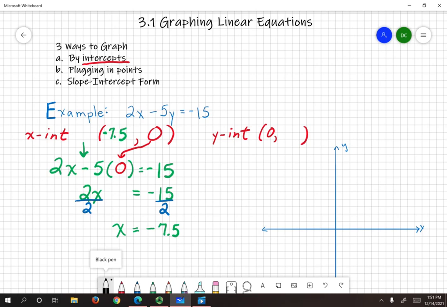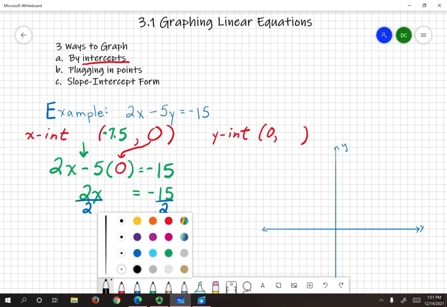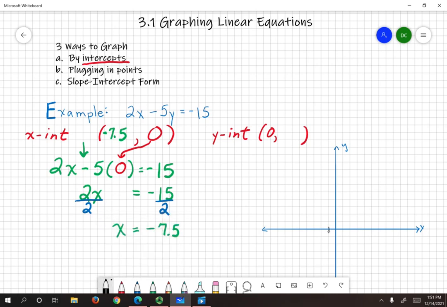If I want to graph the point negative 7.5, 0, here's negative 1, negative 2, negative 3, negative 4, there's negative 5, negative 6, negative 7, and negative 8. Negative 7.5 is going to be halfway between right here. Negative 7.5, 0. That is the x-intercept.